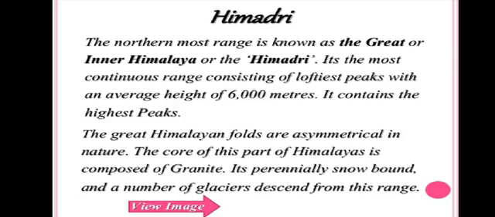The northernmost range is called the Himadri. It consists of loftiest peaks with an average height of 6,000 meters. It contains all the prominent peaks, important peaks which you know. It remains snow covered throughout the year, resulting into the formation of glacier and some perennial rivers.